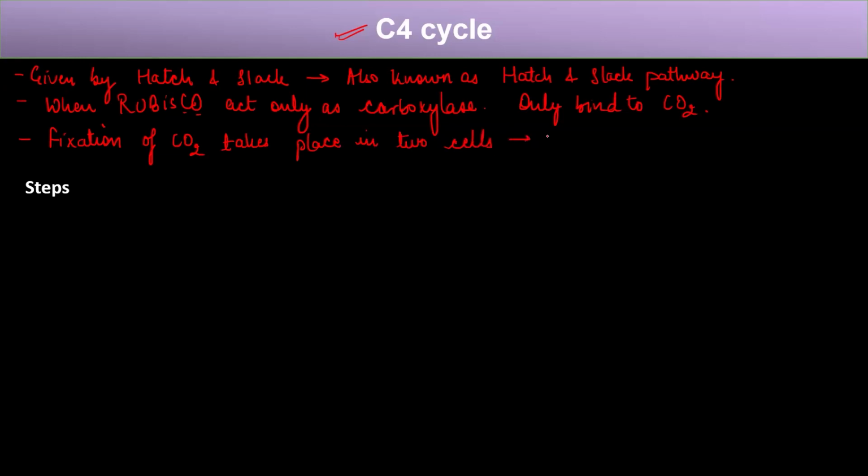These cells are mesophyll cells and bundle sheath cells. And we saw the difference between mesophyll cells and bundle sheath cells in the case of C4 plants, or during the C4 cycle. Okay, so we will come to the steps.